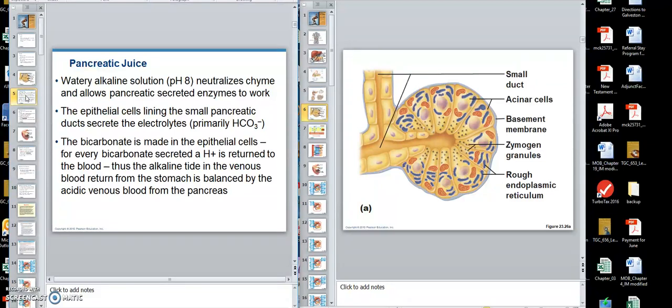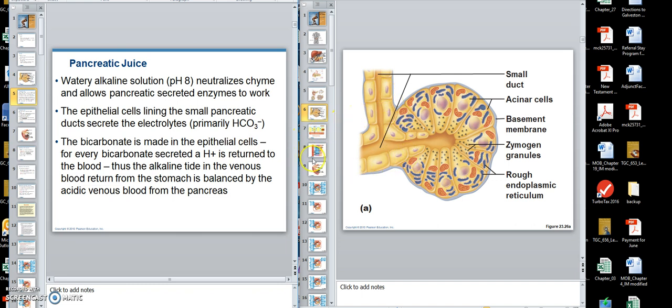Okay, we go further. Pancreatic juice is alkaline, neutralizes chyme, and allows pancreatic secreted enzymes to work. Okay. The epithelial cells lining the pancreatic duct secrete electrolytes. So these cells here secrete electrolytes. Okay. The bicarb is made in the epithelial cells.